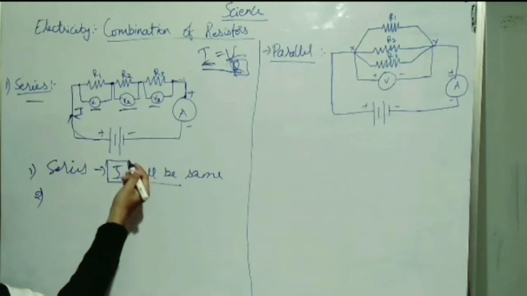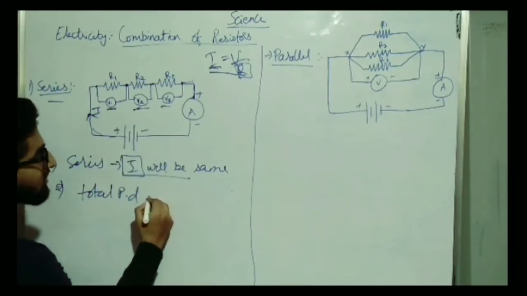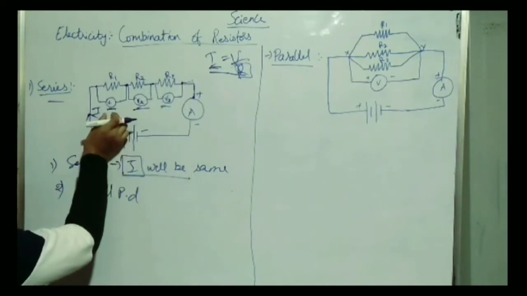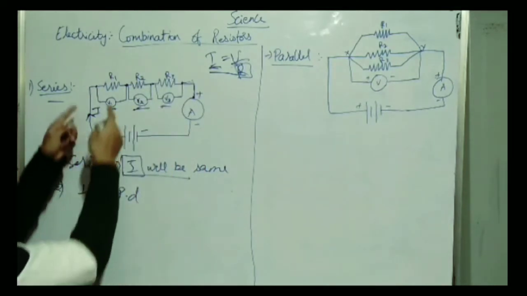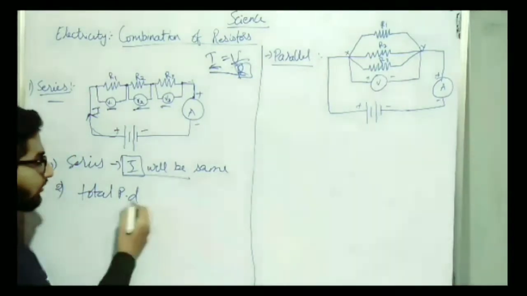Second thing you have to remember is that the total potential difference across the circuit will be the sum of the individual voltages for the individual resistors. Now what do we mean by that? So I write it down.